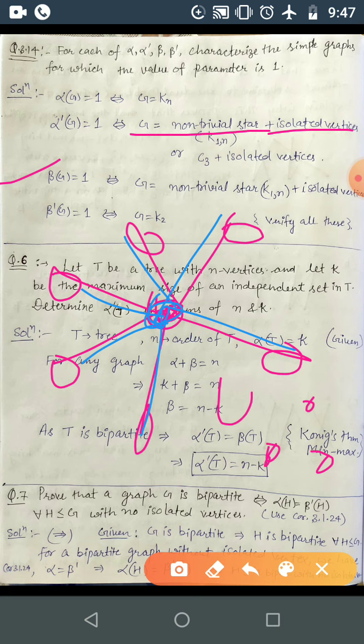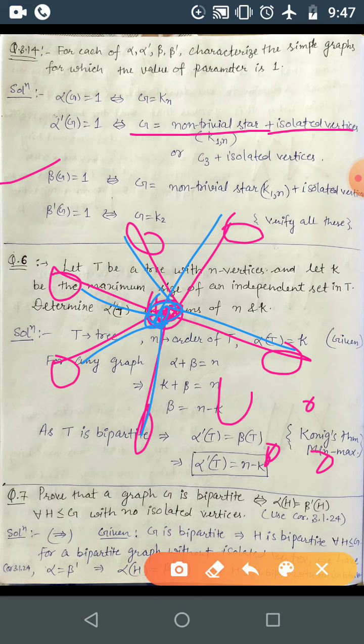A set of vertices which cover all the edges, with minimum cardinality, is known as a minimum vertex cover.